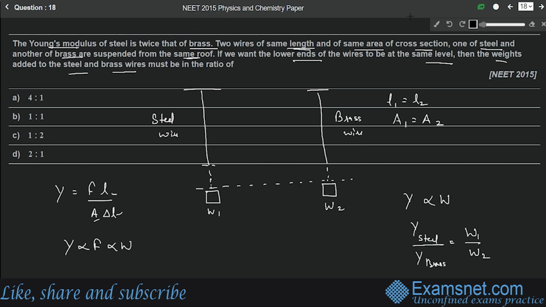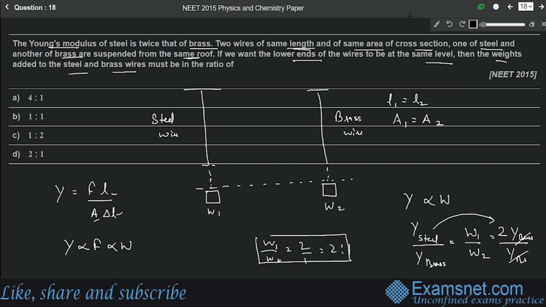It is given that the Young's modulus of the steel is twice that of brass. So 2 times the Young's modulus of the brass, and here we have Young's modulus of the brass. That means this ratio is 2 by 1. W1 by W2 is equal to 2 is to 1. Got it? So option D will be the correct answer.